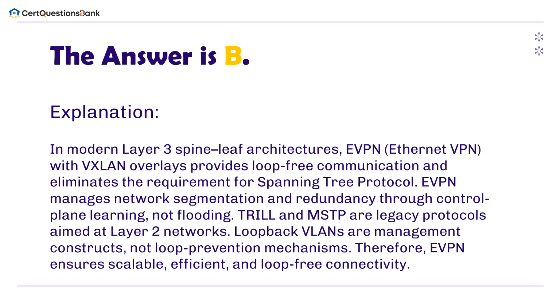In modern Layer 3 spine-leaf architectures, EVPN, Ethernet VPN, with VXLAN overlays provides loop-free communication and eliminates the requirement for spanning tree protocol. EVPN manages network segmentation and redundancy through control plane learning, not flooding.